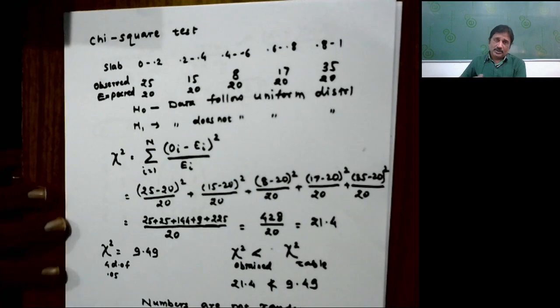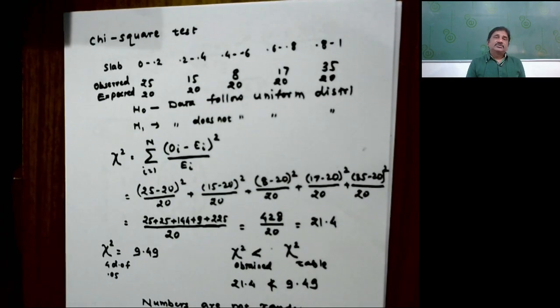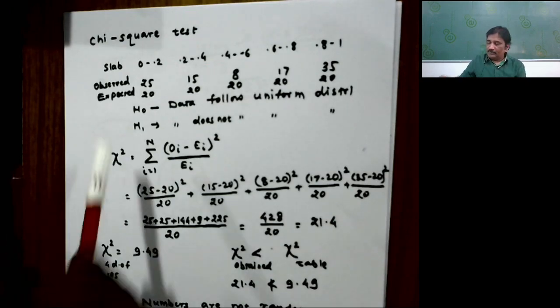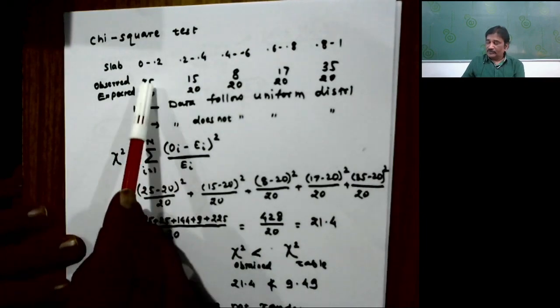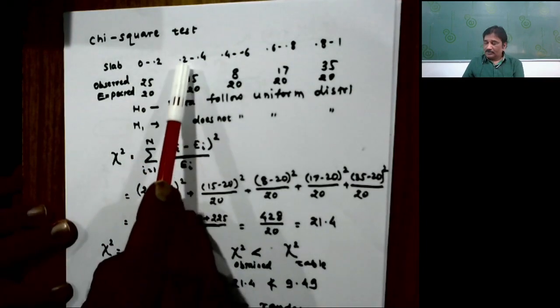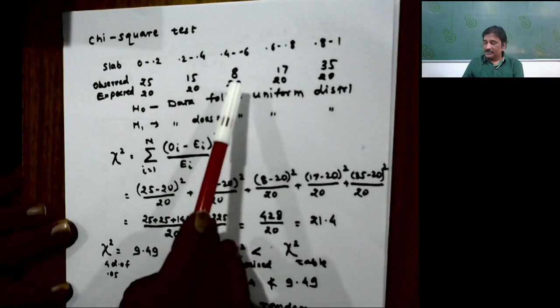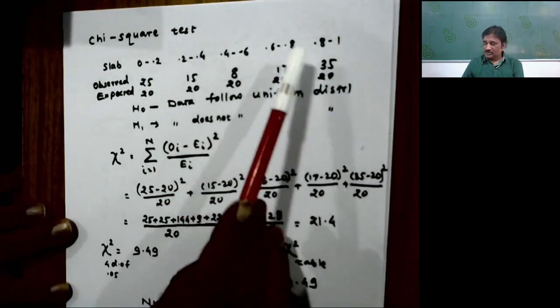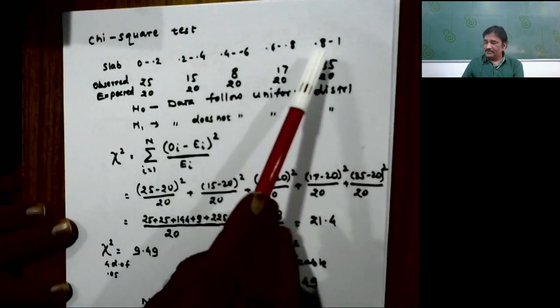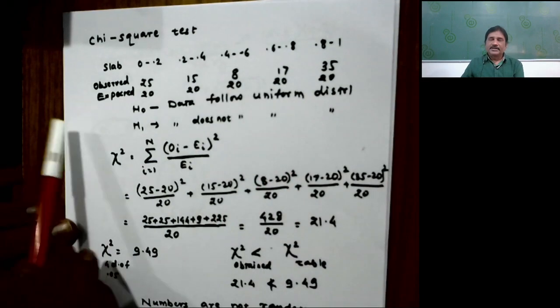What I did was try to form a histogram, or I just tried to count the data which lie within the slab 0 to 0.2, 0.2 to 0.4. For example, here 0 to 0.2 I have 25 data points, 0.2 to 0.4 I have 15, 0.4 to 0.6 I have 8, 0.6 to 0.8 I have 17, and 0.8 to 1 I have 35.